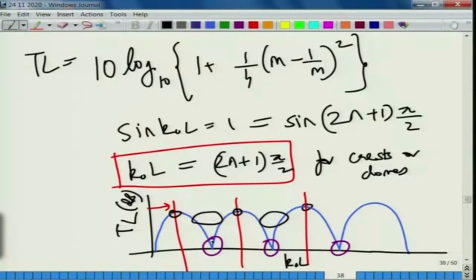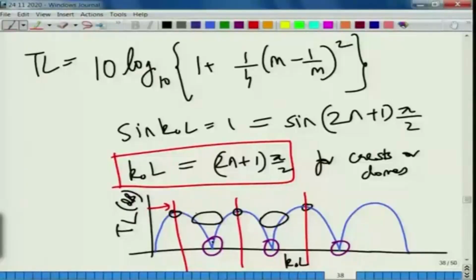So, although you are getting good performance at other frequencies where the domes happen, you do not get such good performance where the troughs occur, and then unfortunately if the engine noise is concentrated in these frequency bands somewhere here, then your muffler is pretty much useless, because 0 transmission loss means all the acoustic power is transmitted as it is. So, the muffler is transparent or is useless.